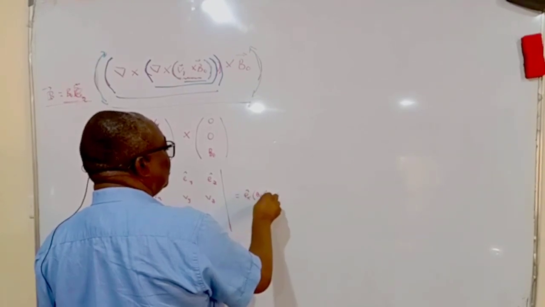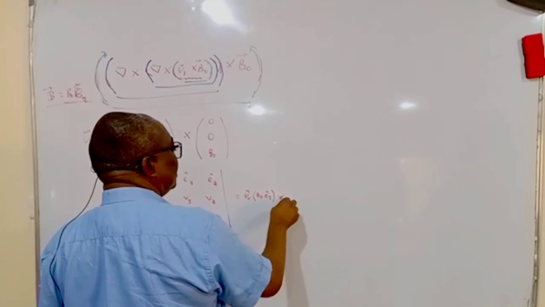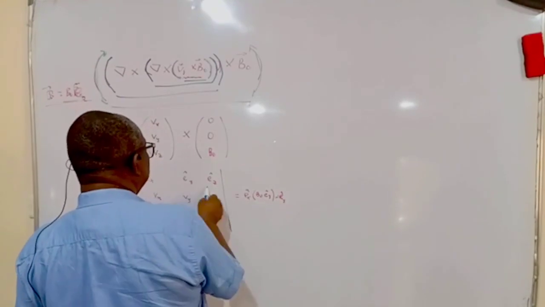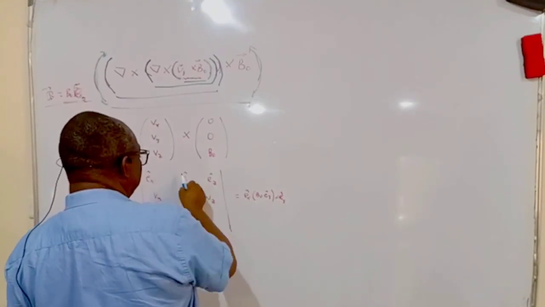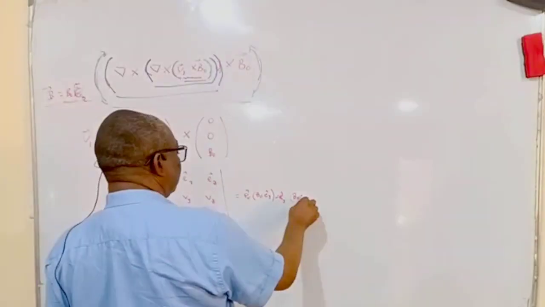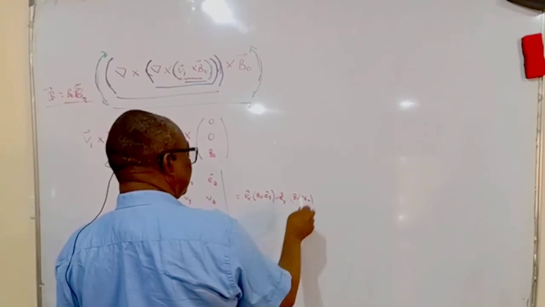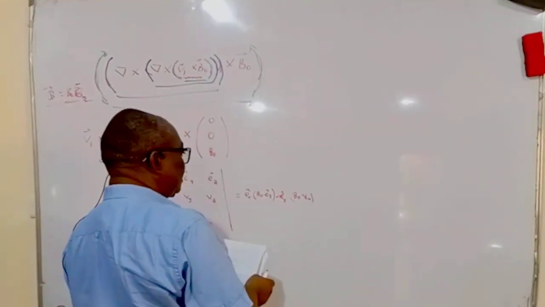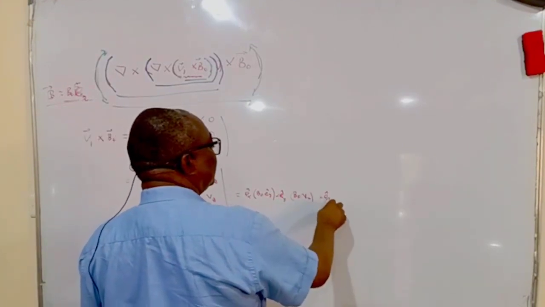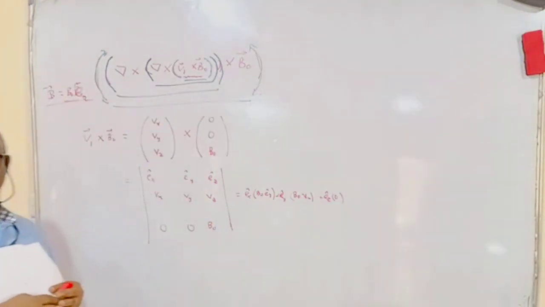Then minus E of Y, I will remove this and remove this, so I'm going to have minus B0 V of X. Am I correct? Then plus E of Z, that will be 0. That's exactly what you will get.